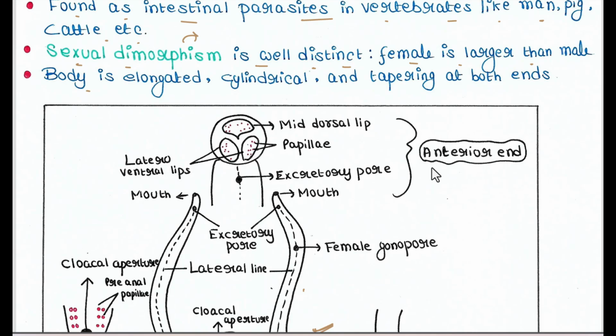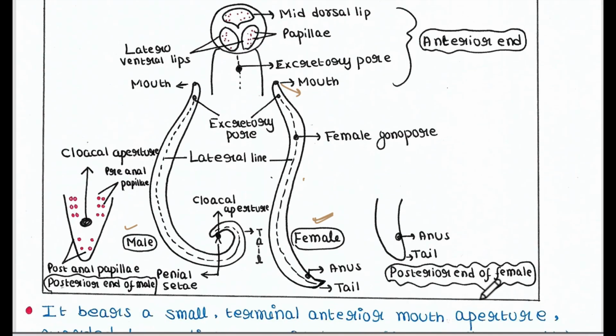And the body is elongated. They have an elongated, cylindrical body, tapering at both ends. Tapering at both ends indicates that this is one end, and this is another end, right?